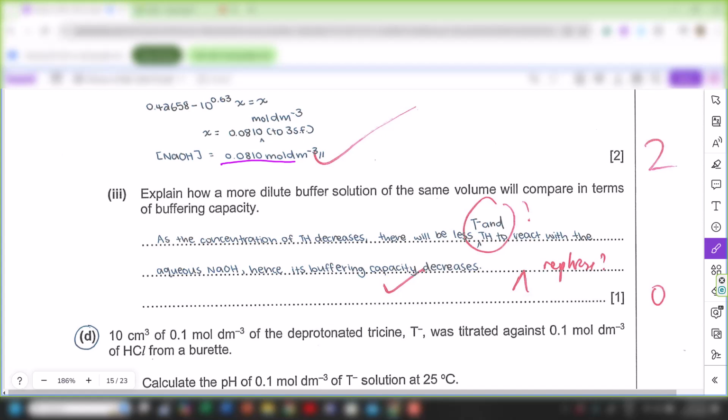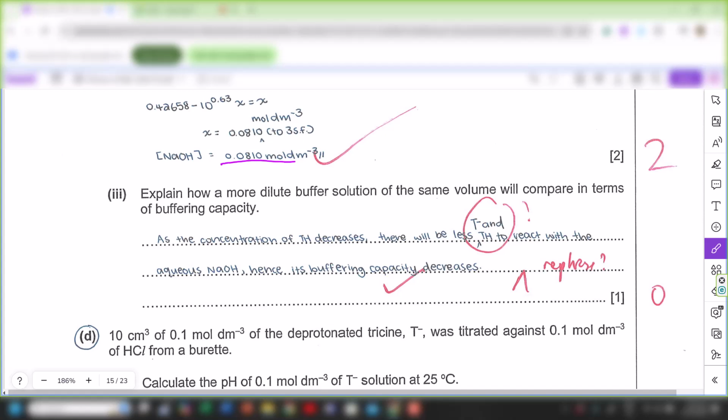You need to highlight that because I have less of them, there is less of them to react with the small amount of H plus and OH minus added, which will translate into a greater percentage of change in their ratio. Therefore I will expect the buffering capacity to be lower.